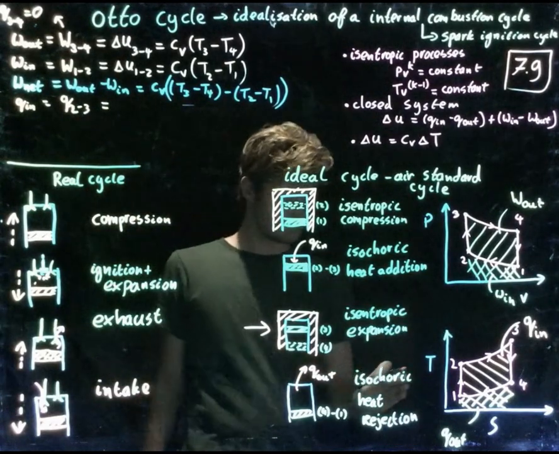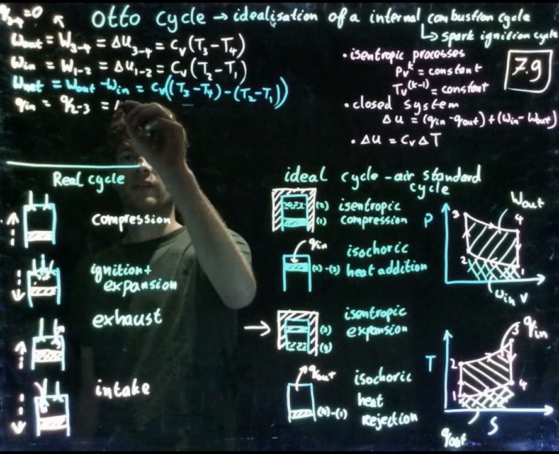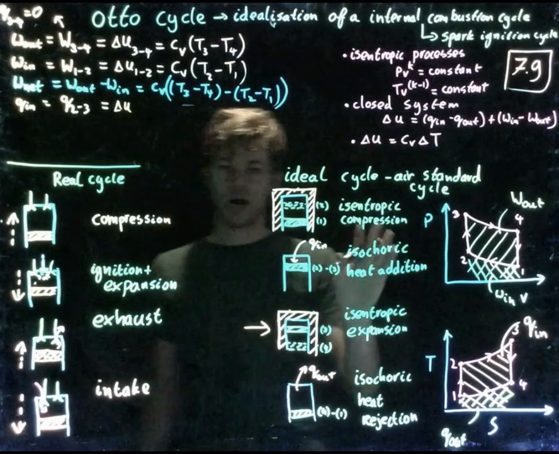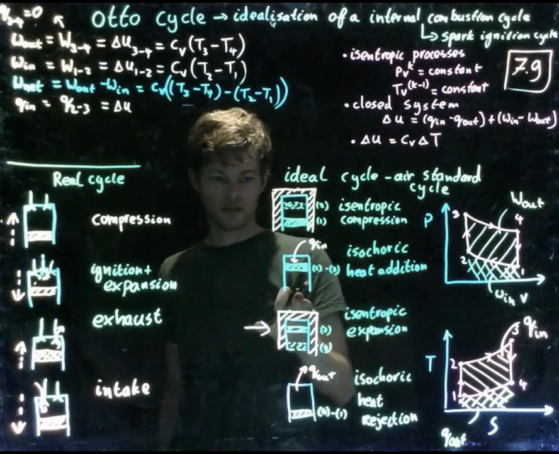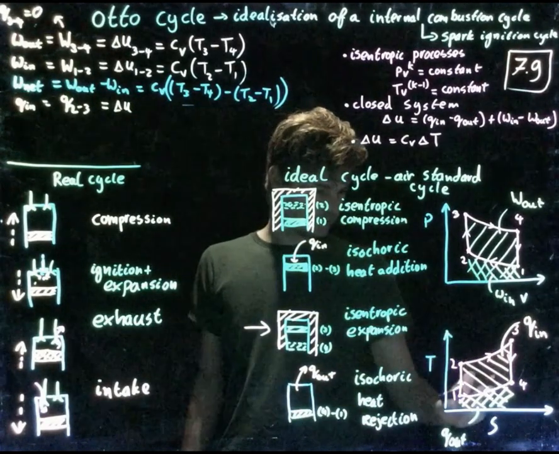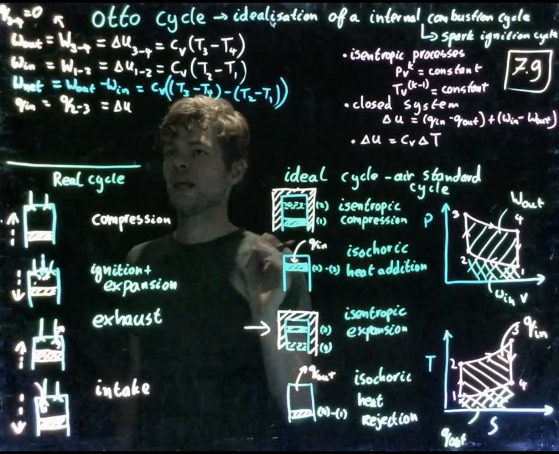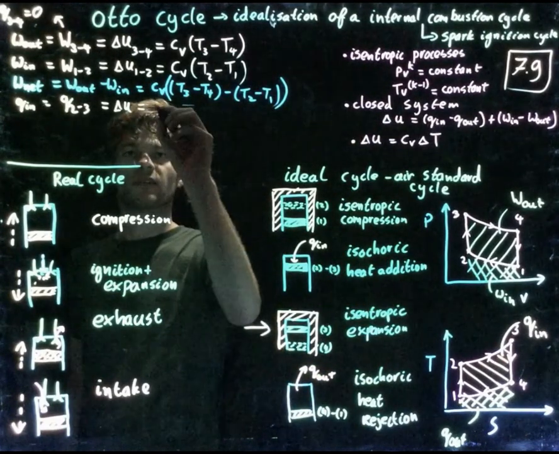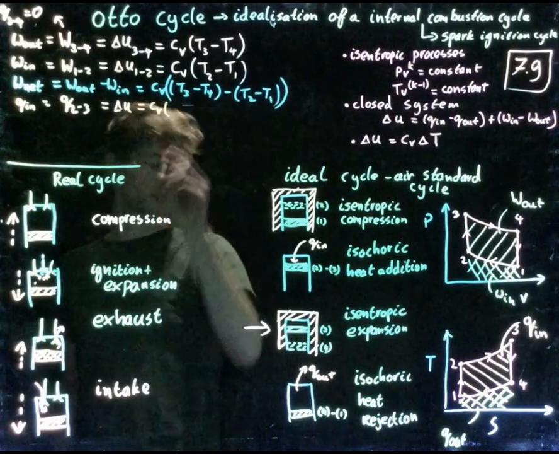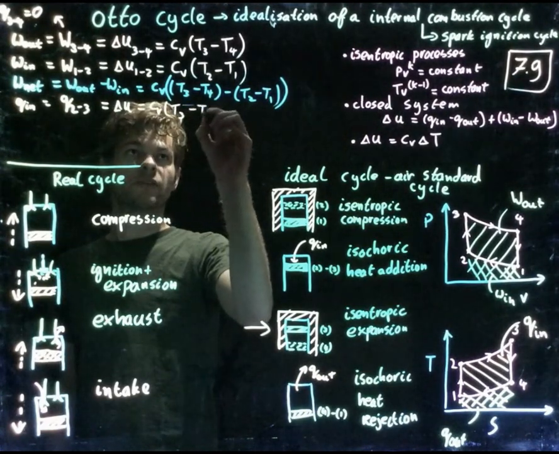Let's have a look, Q2,3 will be equal to delta U, because in our idealized system no work is done during this process, since the volume from 2 to 3 is constant, so PdV doesn't mean anything in this case. So CV will be equal to T3 minus T2.